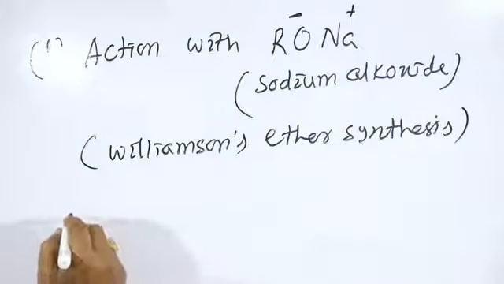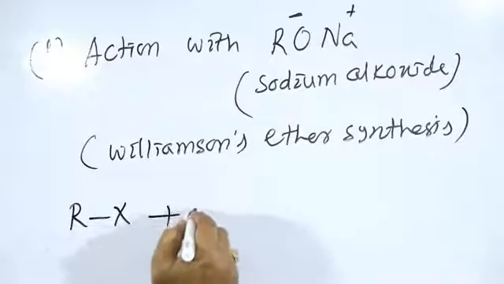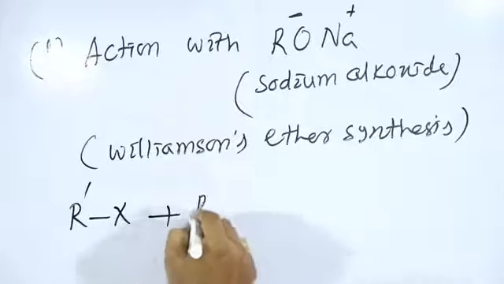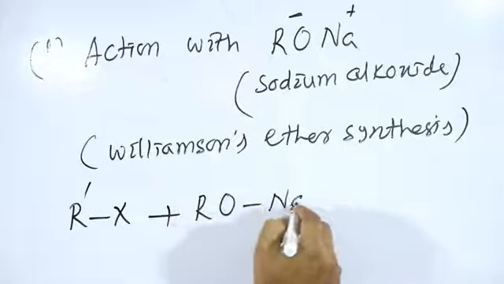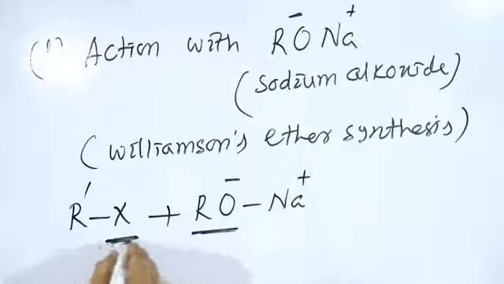So an alkyl halide, let us take R-X, is treated with RONa, Na plus RO minus. This is the nucleophile. The X atom will get replaced by RO minus.